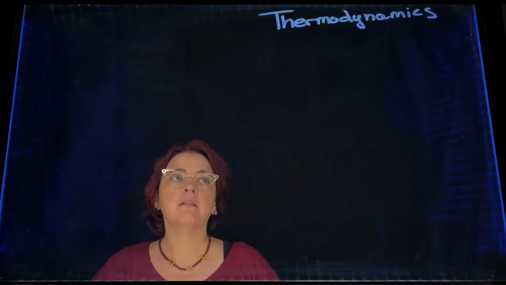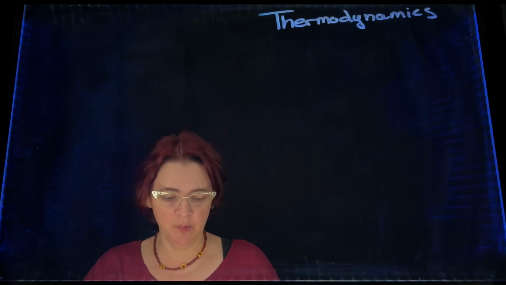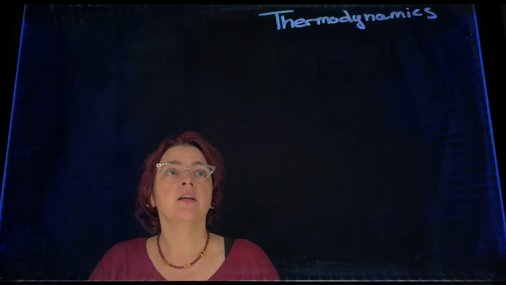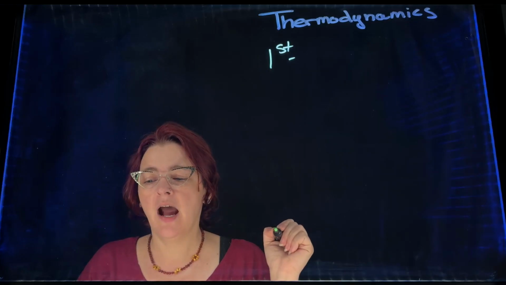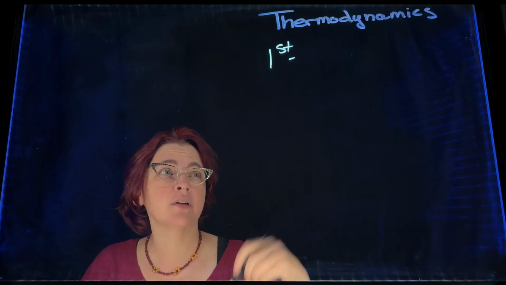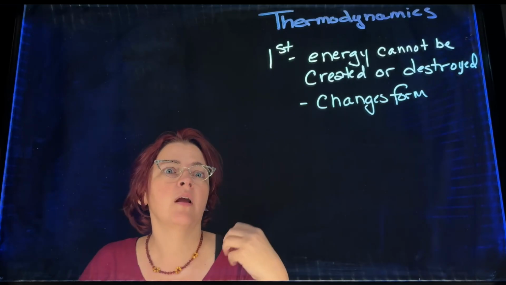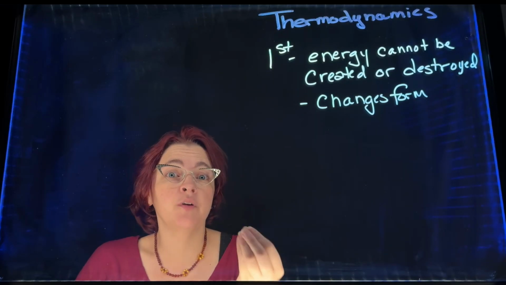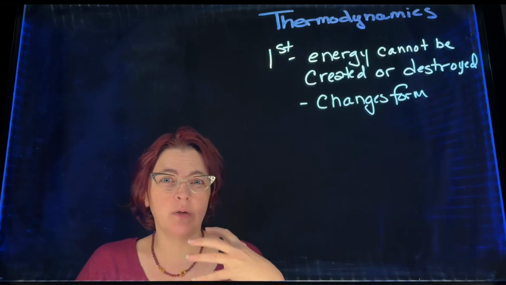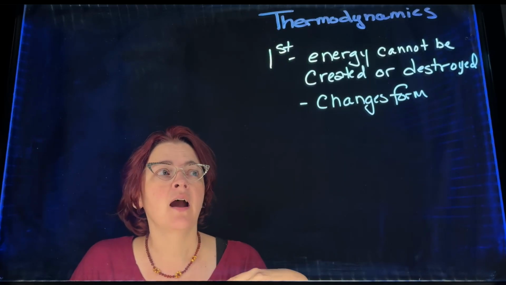Energy just changes form. So if you think about eating, we put the energy of the food into our bodies, and then we break that down into chemical energy, and then we expend it in different forms of energy.